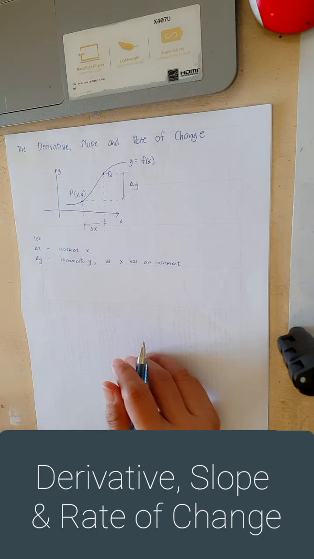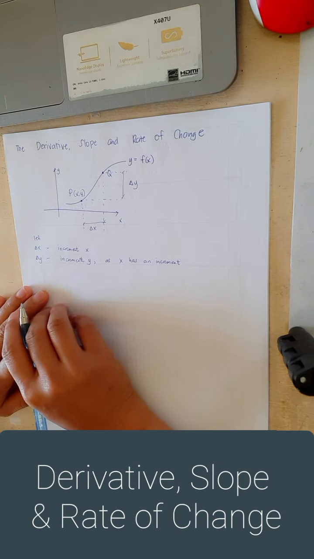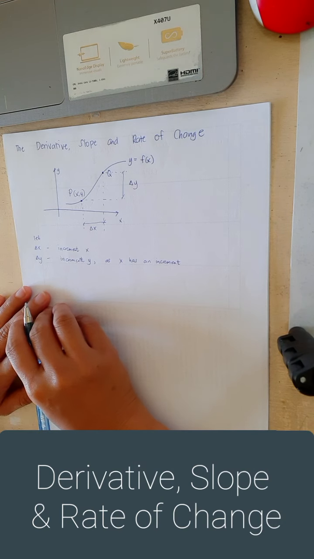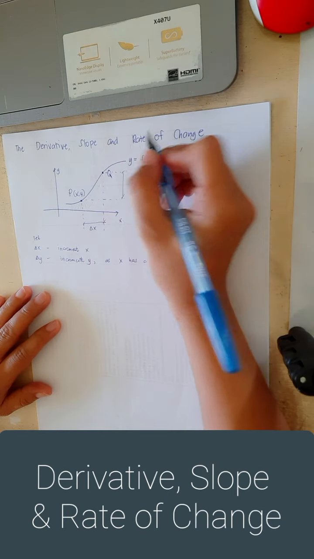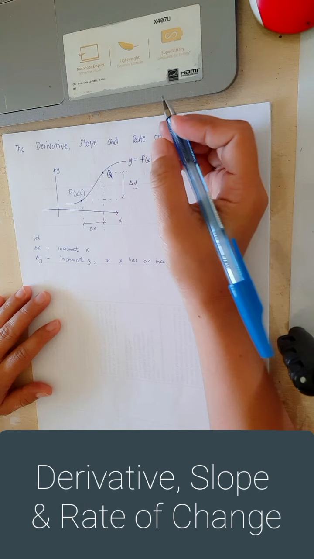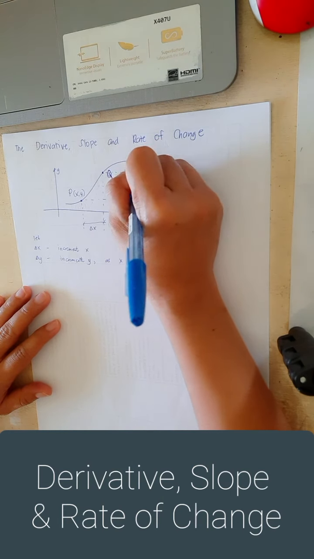Now, for every change in the value of x, there is a change in the value of y, such that the coordinates of our point Q will be, what will be the coordinates of our point Q?